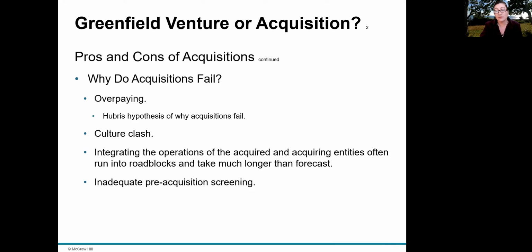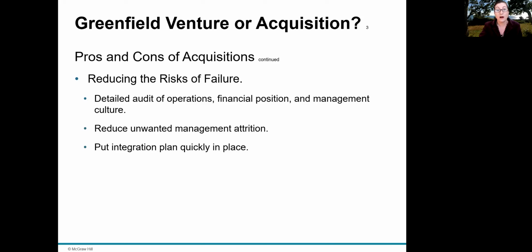So it comes down to the degree and the quality of the screening that goes on, and that's not necessarily easy to do, and that's why people or managers or executives with expertise in acquisitions are so highly paid. So we pay such experts on acquisition because they know how to reduce the risk of failure.